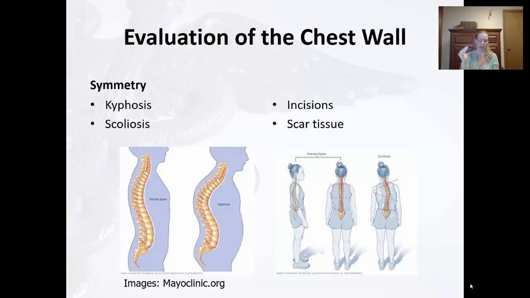Even the convex side is also pushing against lung material, as well as the concave side squeezing on the lungs from upper and lower parts of the bony tissue. So we have a lot of compression of the lungs, and the chest wall itself may not be able to expand. Similarly, scars or actual incisions can make it so patients can't move their chest wall freely. So it's important to pay attention to the location of incisions and scar tissue.